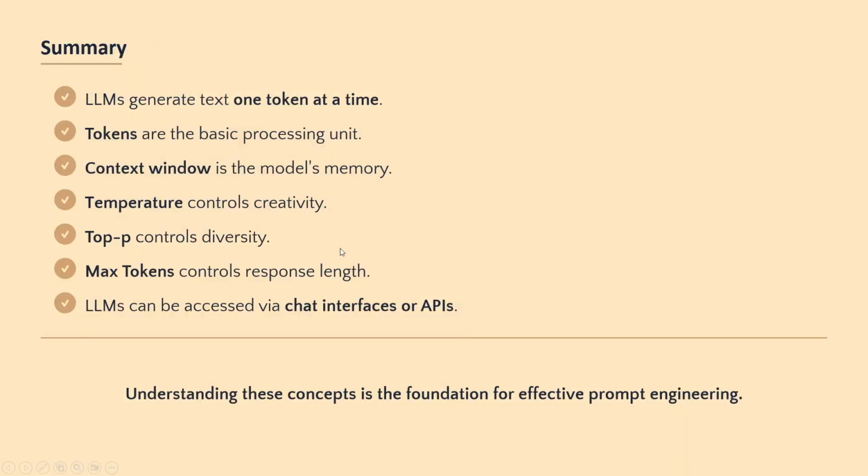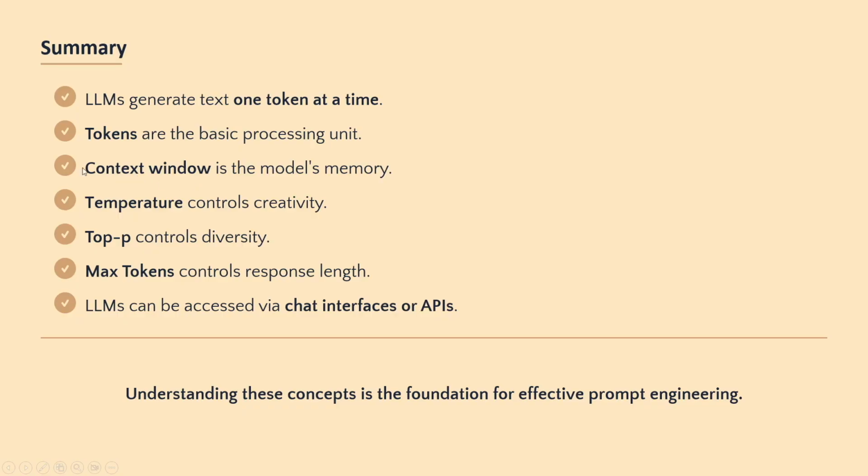And overall, what we have seen so far, the conceptual overview, is that LLMs can generate text one token at a time, it cannot see as such, and the basic processing unit is the token. And some of the keywords that we have seen are the context window that comprises the entire thing, like the system prompt, whatever prompt that we give, as well as the response and the uploaded document, everything constituting the context window.